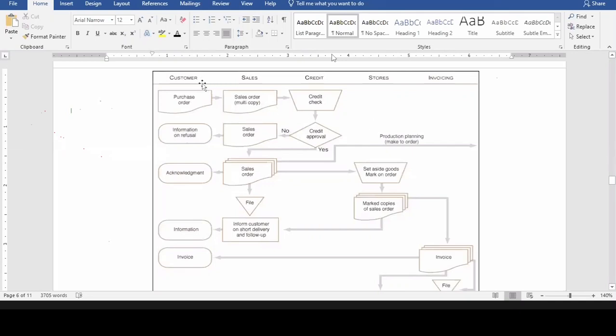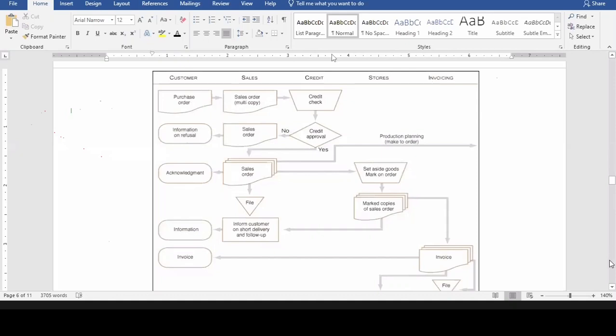Of course, we have the flow chart shows the parties, the customer, sales, credit, stores, and invoicing section. And of course, even when we are writing notes, this is how we do it. You write notes on what happens at each procedure at each stage, and then link.